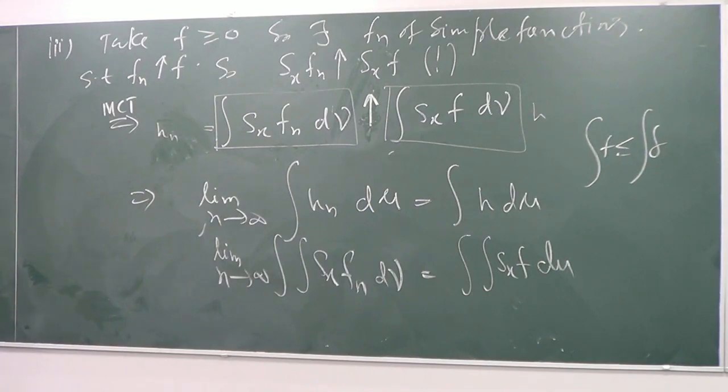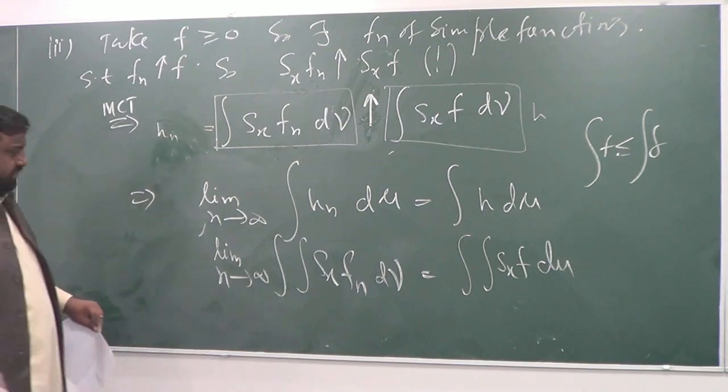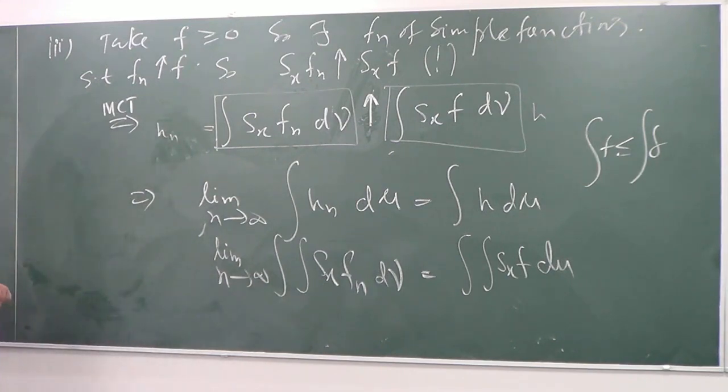By the way, what is the final thing? Very final thing. What can I say about this? These are the sections of the simple functions. By the way, I need to put the d mu and d nu here. Okay, now we must be happy. What can we say about these guys? They are equal.